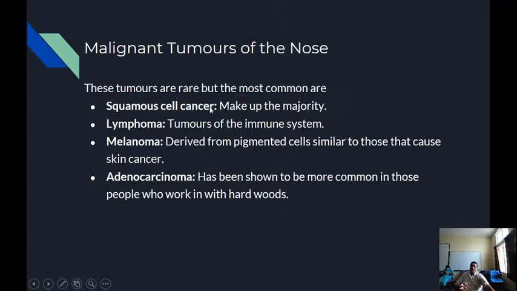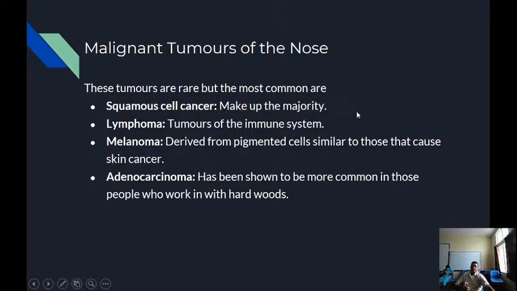Because of chronic infections, either smoking or repeated infections, there is a transformation of this epithelium into squamous epithelium, which is called metaplasia. And usually the squamous cell carcinomas are the ones which are present in the maxillary sinus.